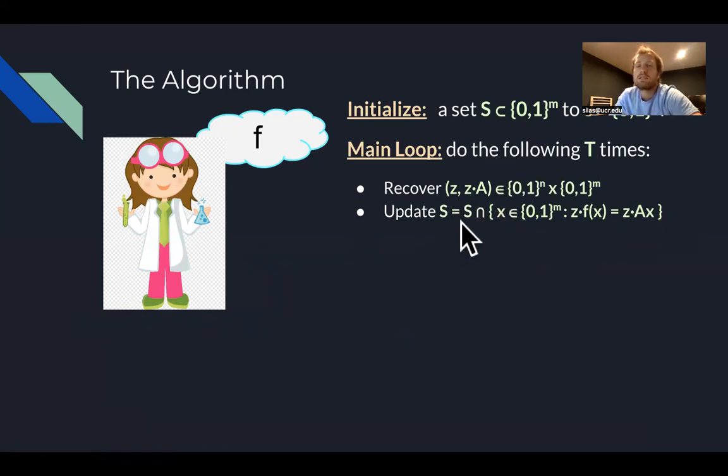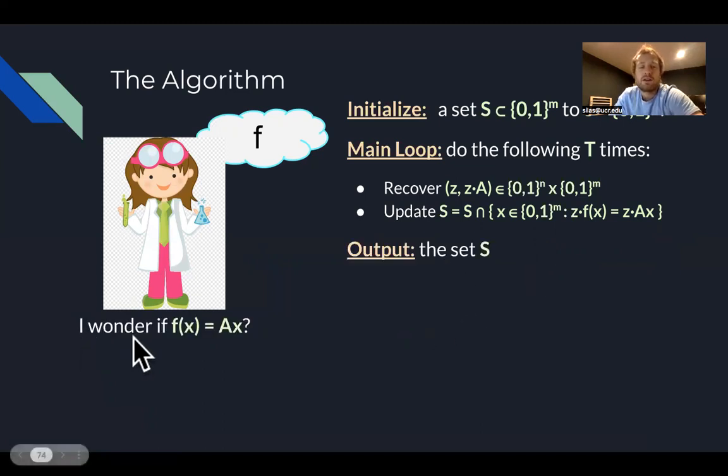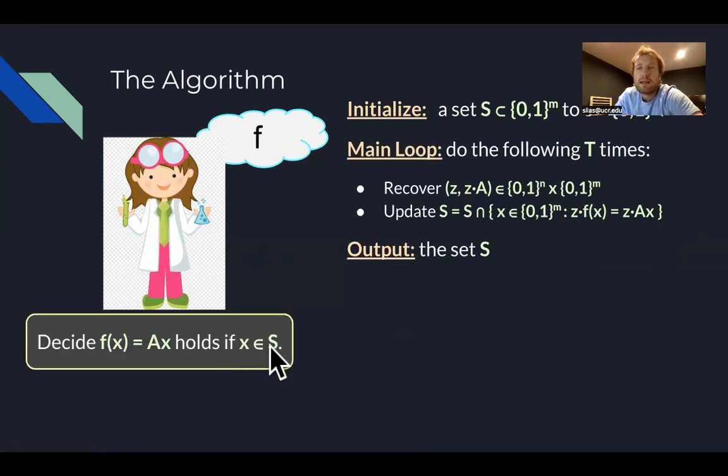So replace S with S intersected with the x's that satisfy the linear relation you found. And then at the end, output the set S. And as far as how to answer the question of whether f of x equals A of x, let's use membership in S as a proxy for f of x equals A of x.